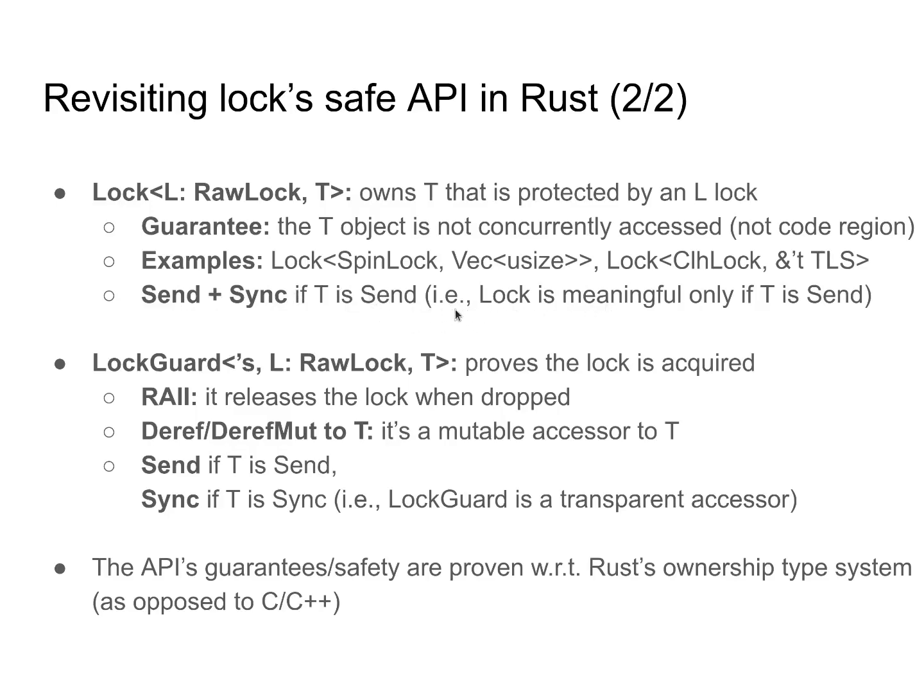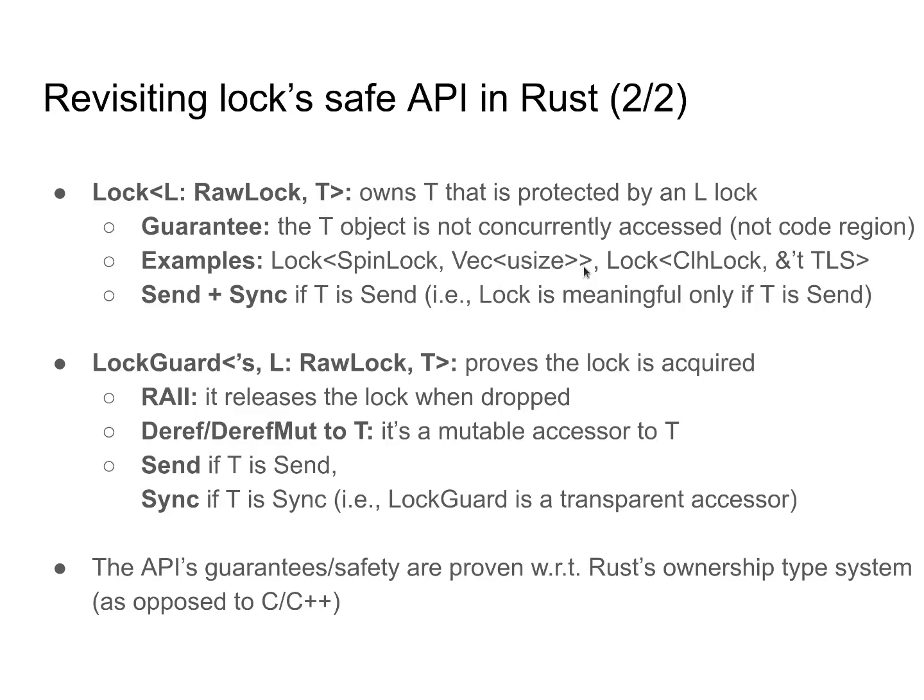So that actually means that a lock is meaningful. This lock protected data is meaningful only if the underlying type T is sendable. That's basically the idea of this constraint. And on the other end, the vector is sendable.